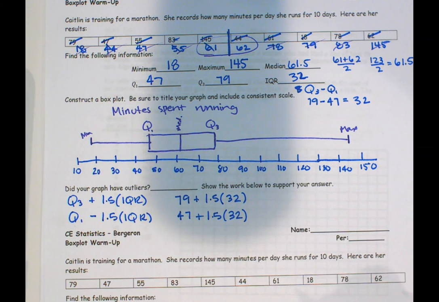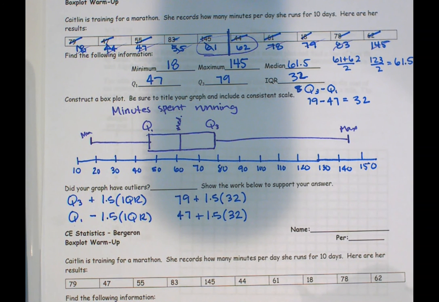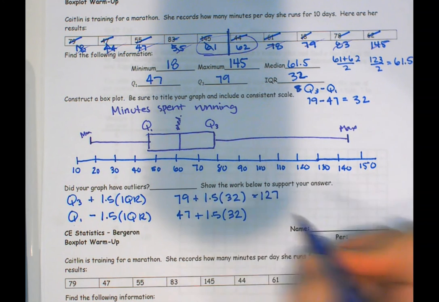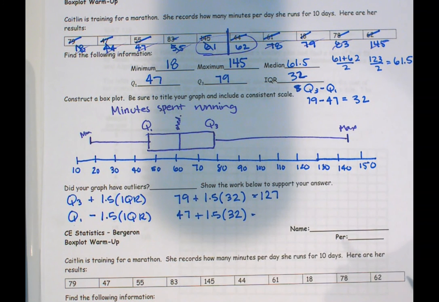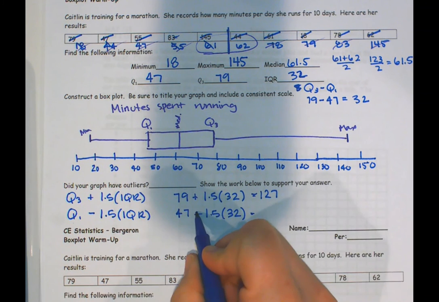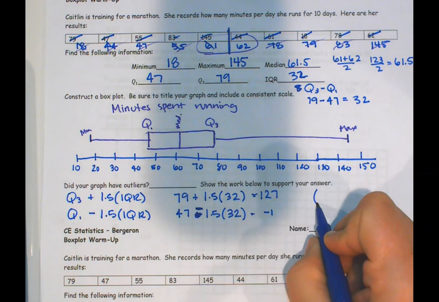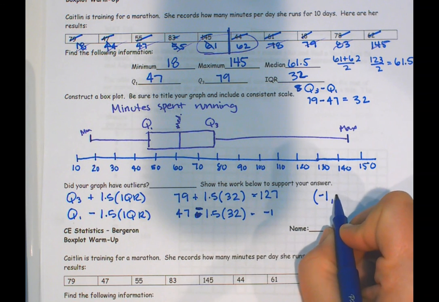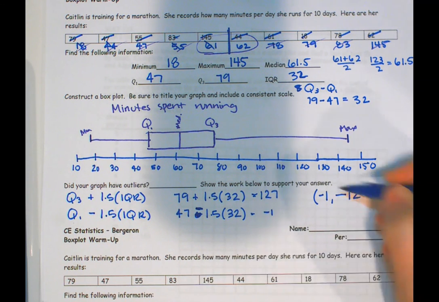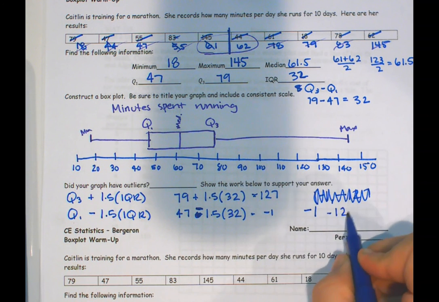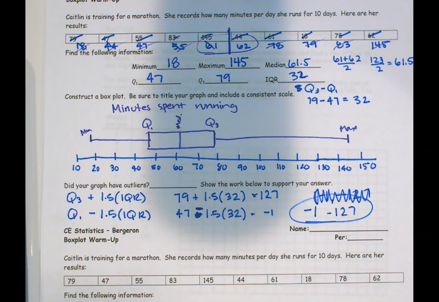So when I calculate those, 79 plus 1.5 times 32, I get 127. And then if I do 47 minus 1.5, oh, I'm so sorry, this should have been a minus. Minus 1.5 times 32, I get -1. So numbers between -1 and 127 are considered usual values.